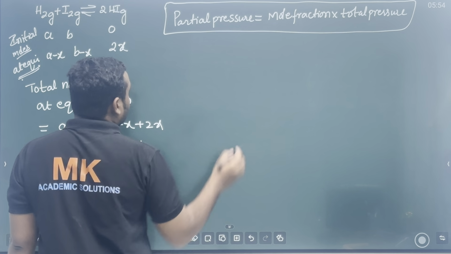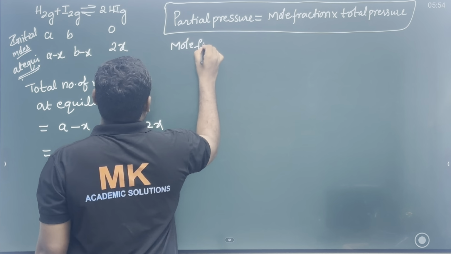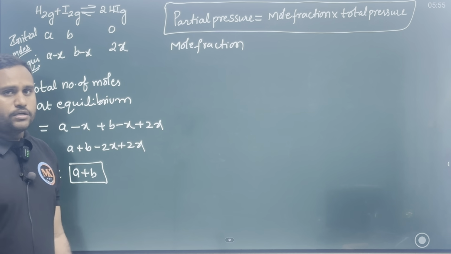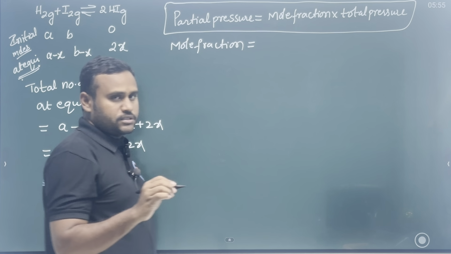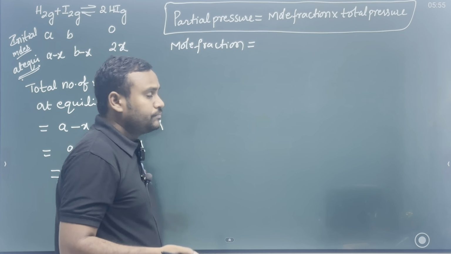Okay, so here mole fraction. However, we might have learned in the solution chapter. What is the mole fraction formula? Mole fraction is equal to the number of moles of a particular substance to the total number of moles in a mixture.